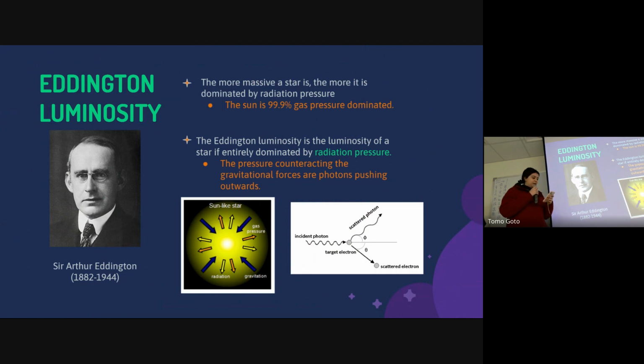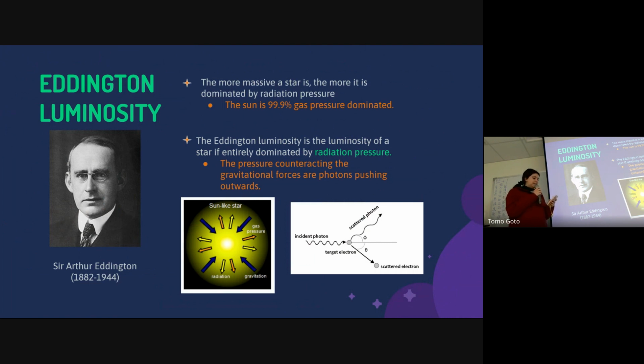But one might ask this question: why does the photon interact with the electron, which is much, much smaller, not the proton, which is very big? Well, this is because of the scattering cross-section, because this interaction is actually proportional to 1 over the mass squared. And we know that an electron is about 1,000 times lighter than a proton.